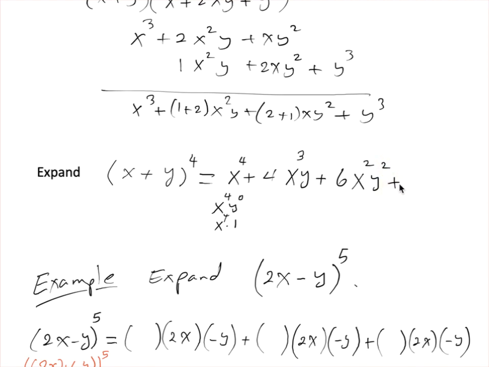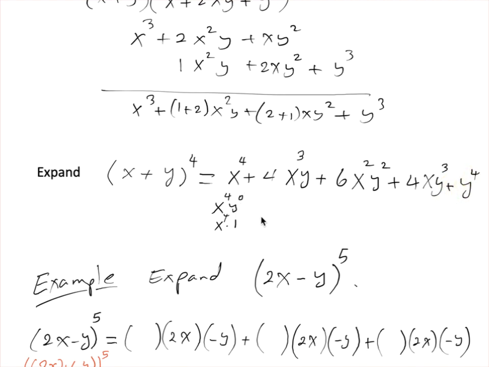Plus, after 6, you see this 6 is the middle one. For even powers, the middle term is split the power 2 plus 2. And always the sum of the powers should equal the power of the binomial, 4 in this case. This is 3 plus 1. This is y to the 1. 3 plus 1 is 4. 2 plus 2 is 4, and so on. The next coefficient is 4, is symmetrical. And then lower x, higher y, and finally y to the fourth.